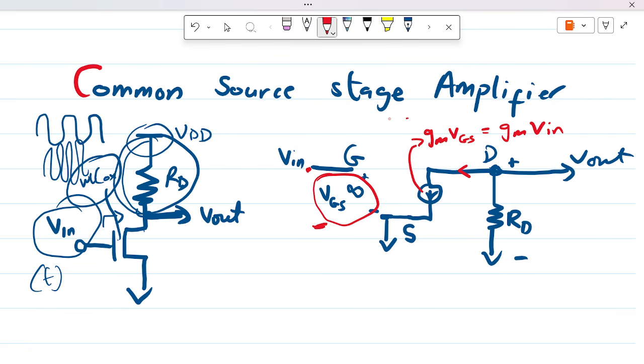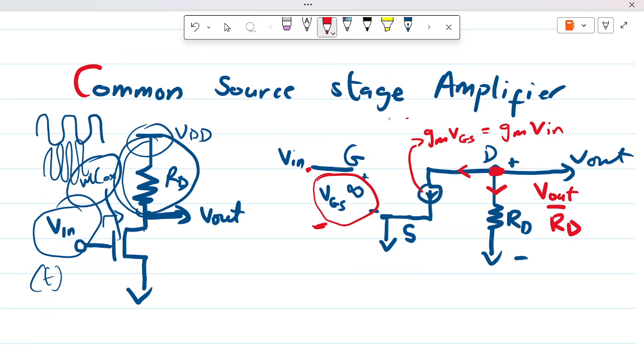So we look at the current here. Assuming there's an output voltage, then there should be a current flowing from this node to the ground through resistor RD, and that current would have a value Vout over RD.